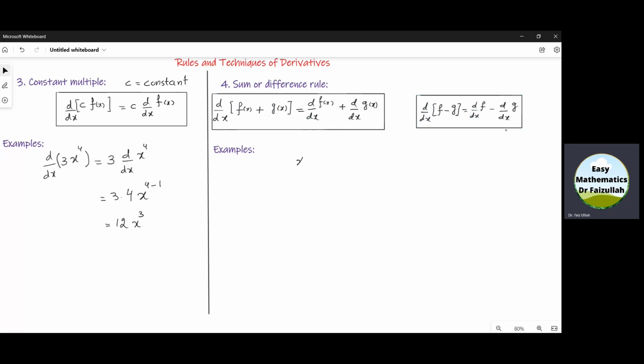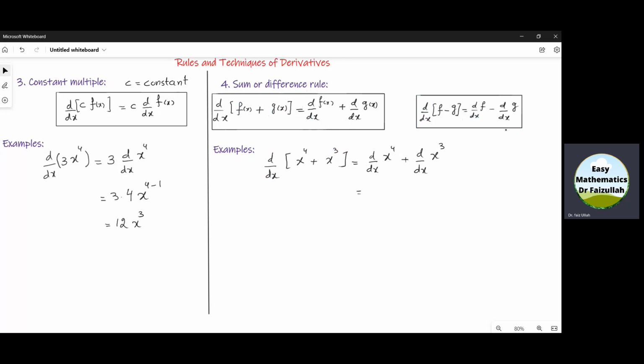Let us explain it by some examples. Let us say x power 4 is a function plus x power 3 is another function, and we need to differentiate it. So the differentiation will be equal to d by dx of x power 4 plus d by dx of x power 3.